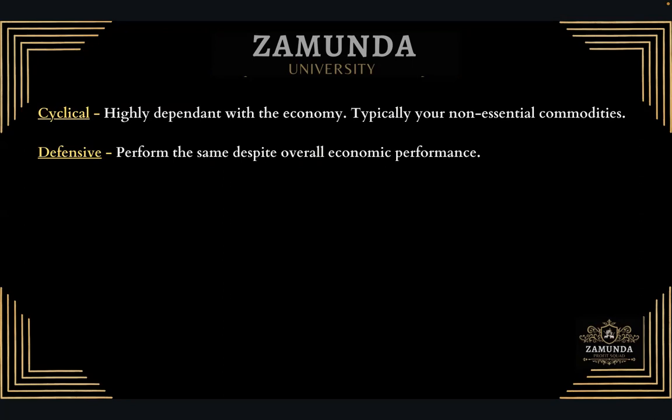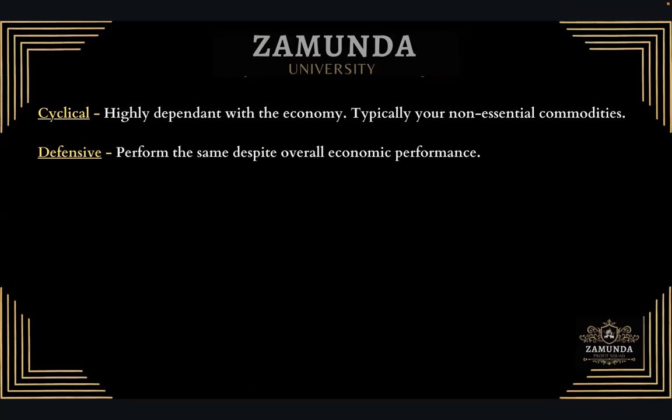So these sectors are categorized into two sections. One section is cyclical and the other is defensive or non-cyclical. Cyclical are highly dependent on the economy. So pretty much it's doing what the economy is doing. If we're in a downturn in the economy, these stocks tend to underperform. They're typically your non-essential commodities.